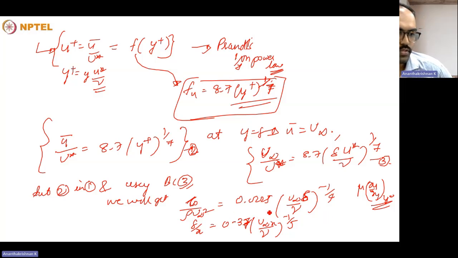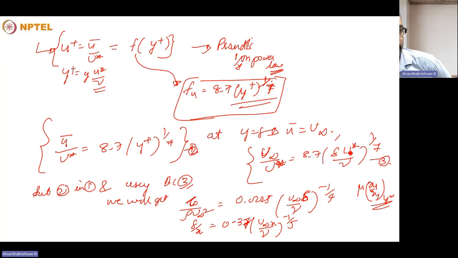So using these two equations, we can calculate delta, substitute the value of delta here, and we can write the tau 0 in terms of only x. So basically, we know the value of delta straight away, and we can get the delta from here itself.